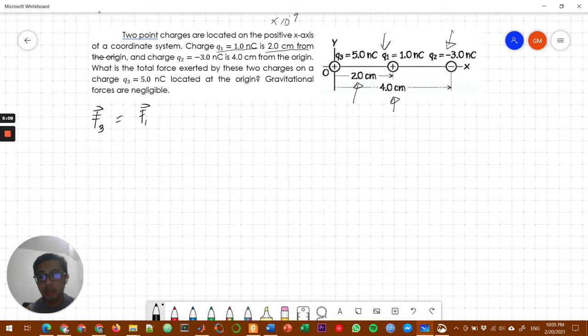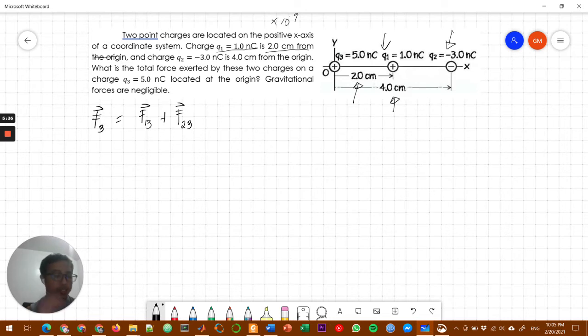So we have F 1, 3. So this is the force exerted by charge 1 on Q3. Okay? Muna siya ang pasabot ana. Then we have the force exerted by charge 2 on Q3.